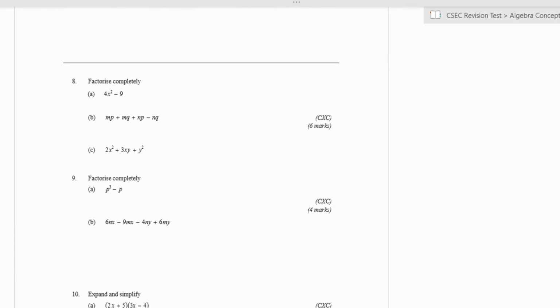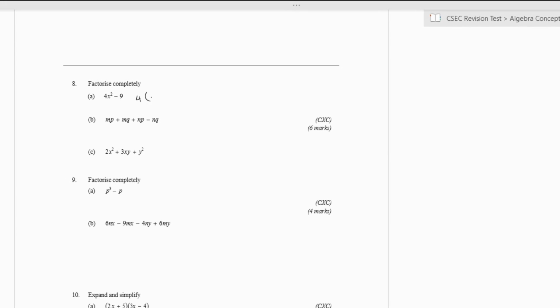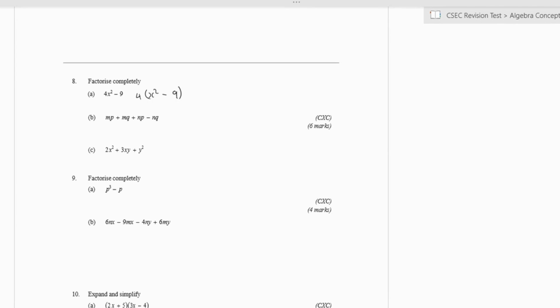Let's look at this factorizing question now. We need to look at these numbers and see if they are perfect squares, or what number can multiply by them to give us that number. So the first method of doing it, you write in two brackets. I can even put the 4 outside, and then you have x squared minus 9. Now something must square to give you x squared, so it can be x, and something must square to give you 9.